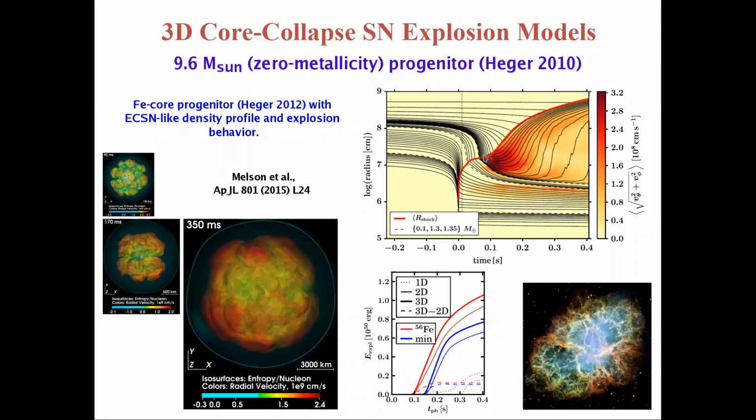The shock is never retreating. You see that the shock at some point starts expanding, and then the neutrino heating starts to become very efficient and pushes the shock further out. Actually, when we run this 9.6 solar mass model in 1D, we also get a very late explosion in 1D because of this decrease of the mass infall rate, which then allows the shock to move out.